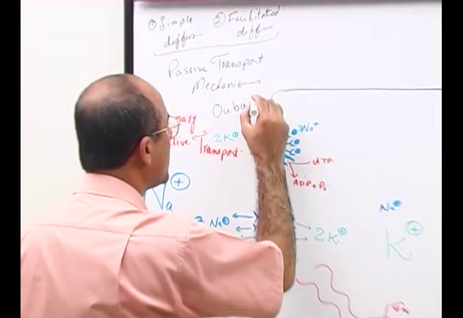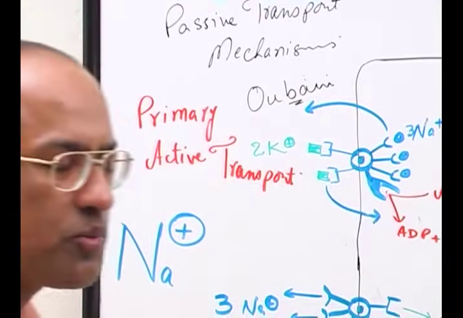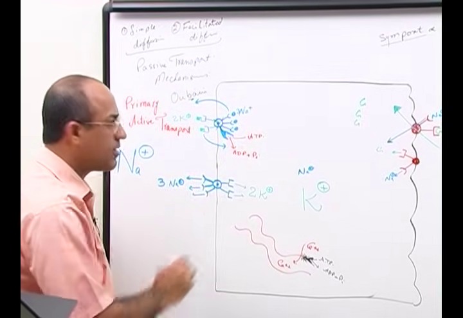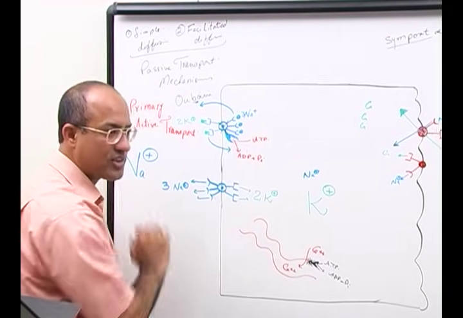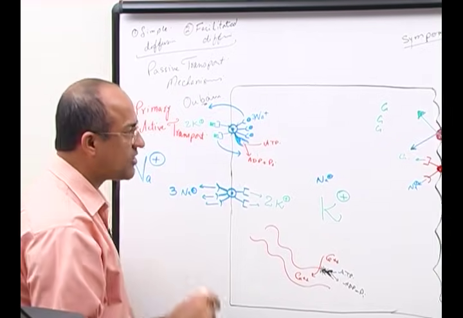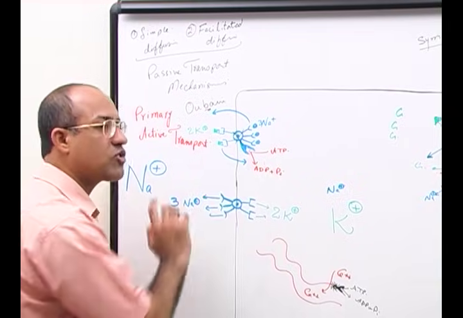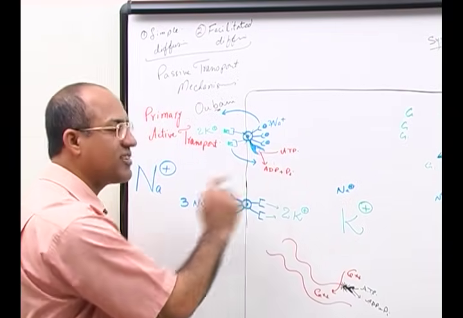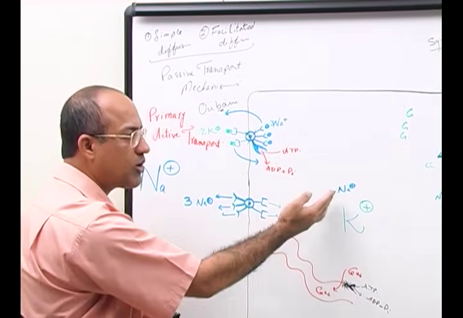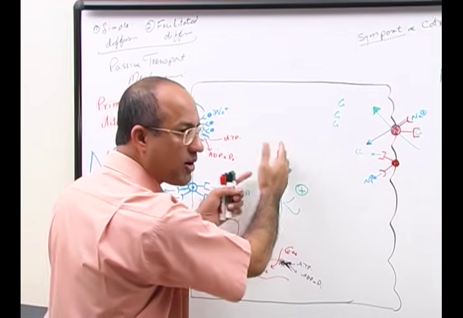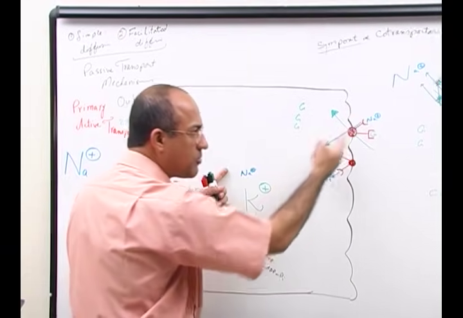They exposed the cells to ouabain. Ouabain especially makes this part dysfunctional. And as soon as this cell is exposed to ouabain, sodium potassium ATPases stop working, stop utilizing the ATP, and intracellular sodium level will start going up. And when intracellular sodium level goes up, this sodium will not come in.